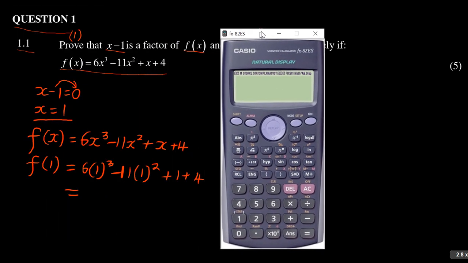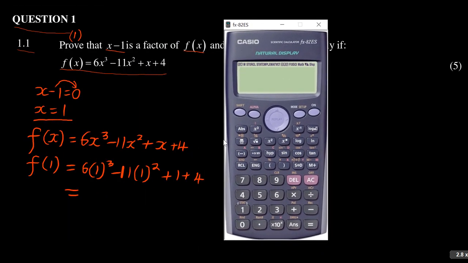I will pull out my calculator in this case and substitute. I will also encourage you to know your calculator. You can follow the steps that I'm using. So it's 6x cubed minus 11x, and my x is a 1 squared plus 1 plus 4.